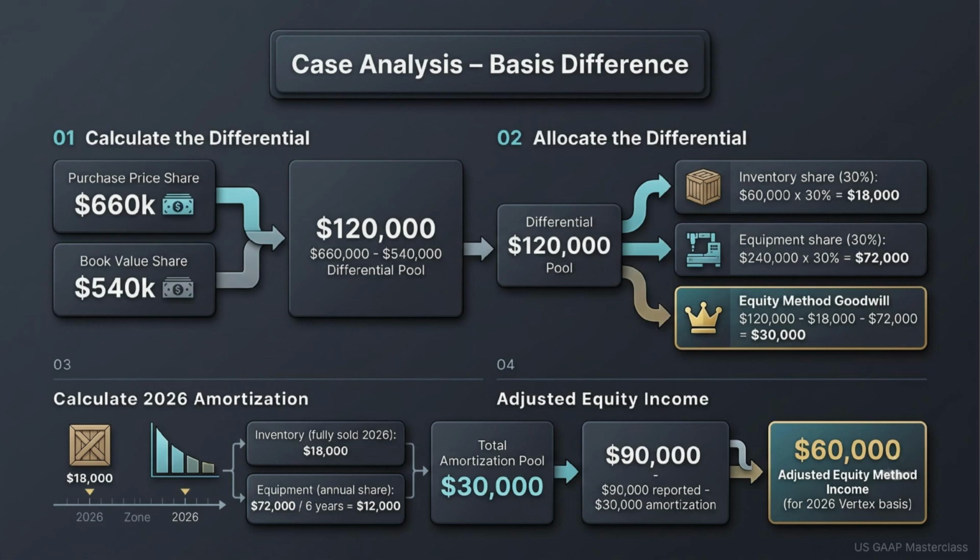Equity method goodwill is $120,000 minus $18,000 minus $72,000, which equals $30,000. The 2026 amortization is $18,000 for inventory plus $12,000 for equipment because $72,000 divided by 6 years equals $12,000. Total amortization is $30,000. So adjusted equity method income is $90,000 minus $30,000, which equals $60,000.